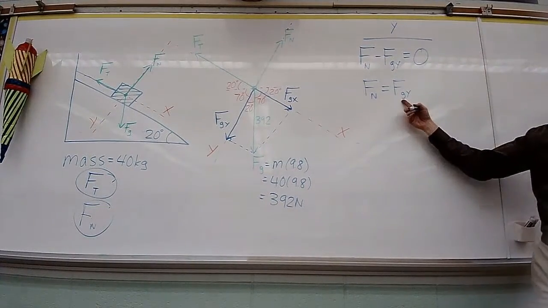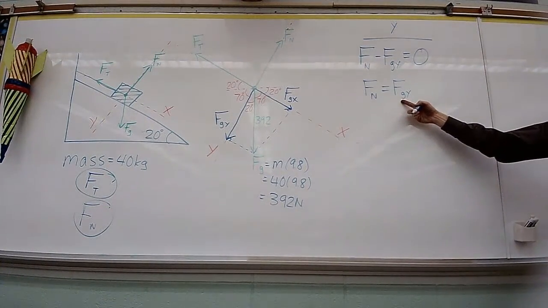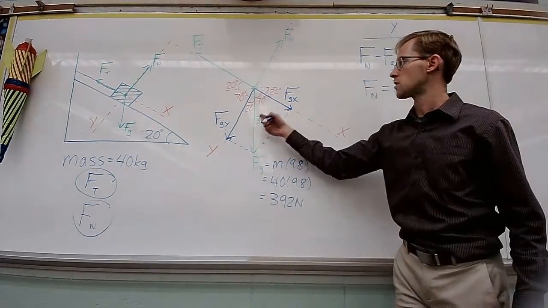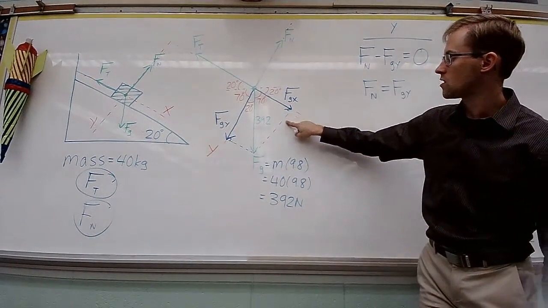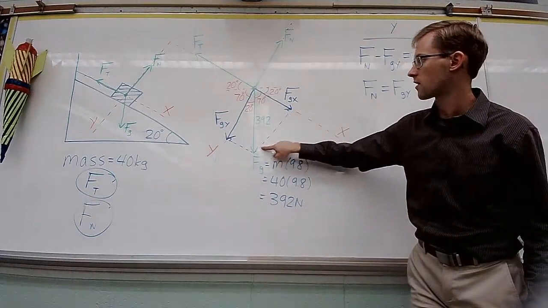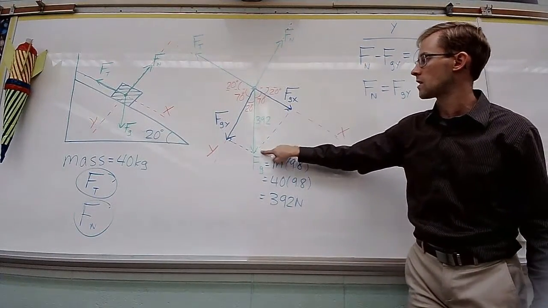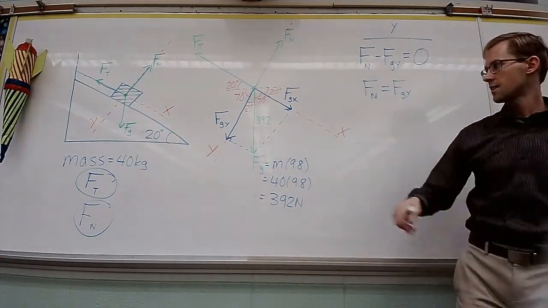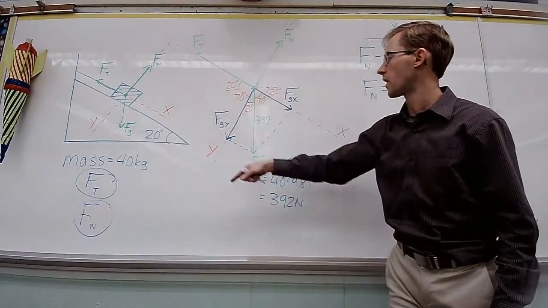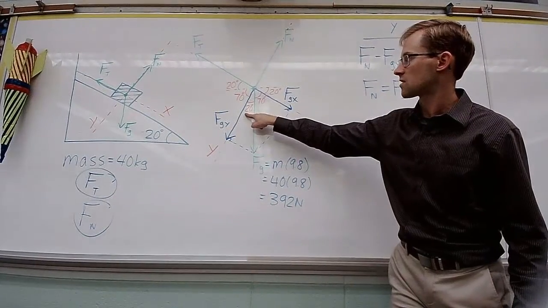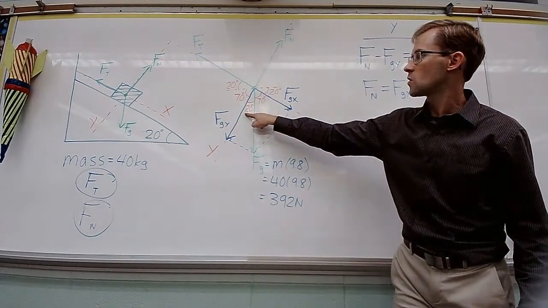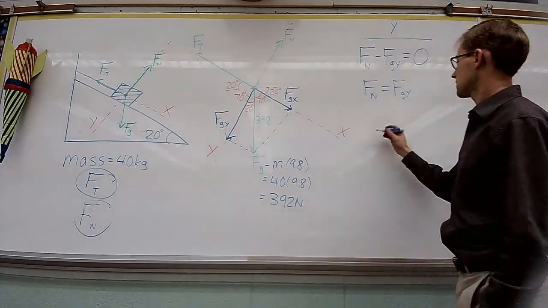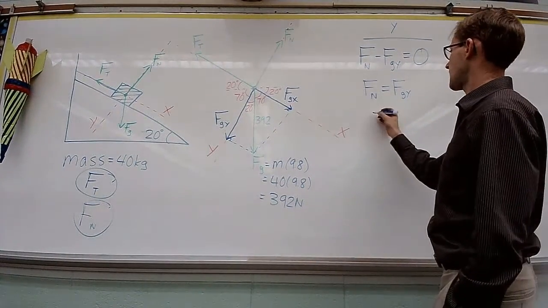So if I want to solve for FGY, you can actually do this in one of two ways. If you're the type of person that's like, I just want to deal with this one triangle, then you could use this part of the triangle, and that part of the triangle is going to be equal to FGY. If you're like me, and you'd rather just stick with the arrows and the directions that they're going, I would solve using this triangle. So it's the adjacent side of this 20-degree angle. So I would use cosine again.